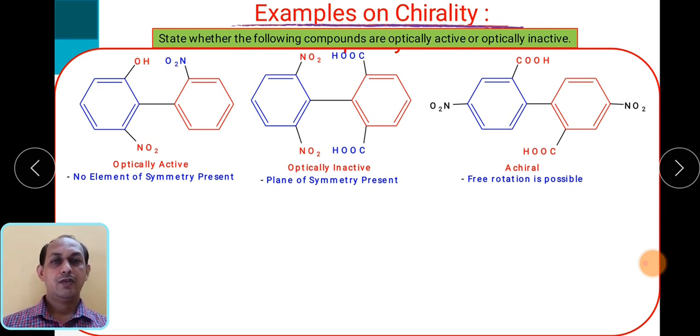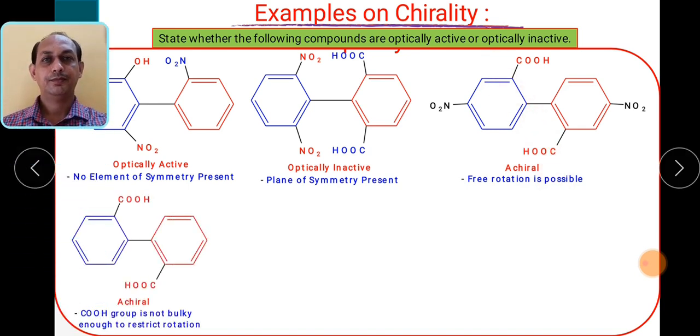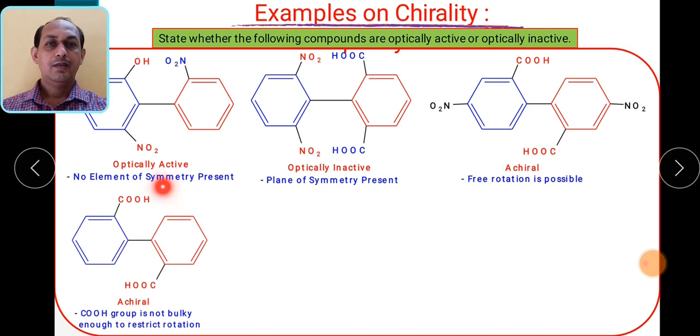Coplanar means it is optically inactive, that is achiral. So free rotation is possible for this particular compound. See it very carefully, remember it. 4, 4 dash. Our concern must be the ortho substituents. Now try to answer. Again the same condition, only two ortho substituents are there.